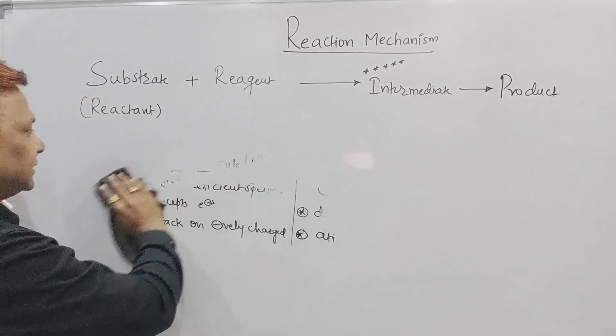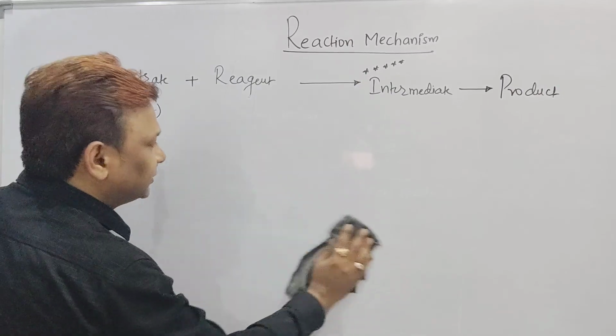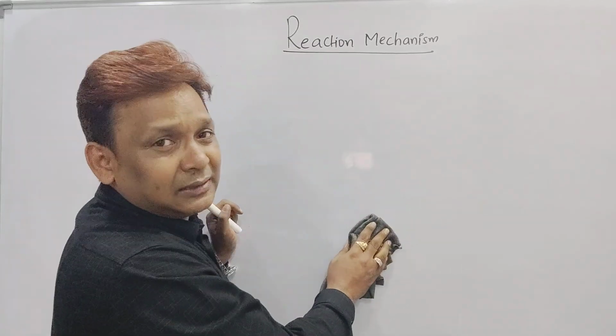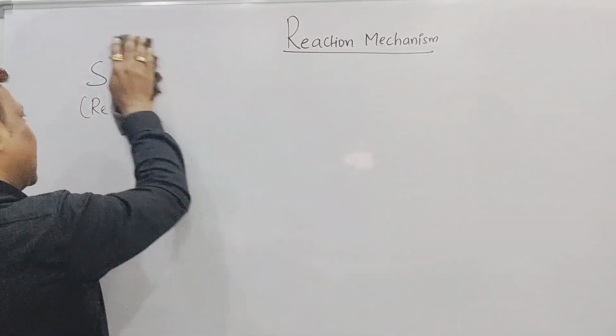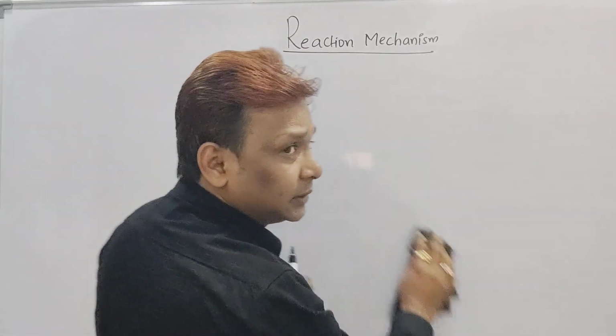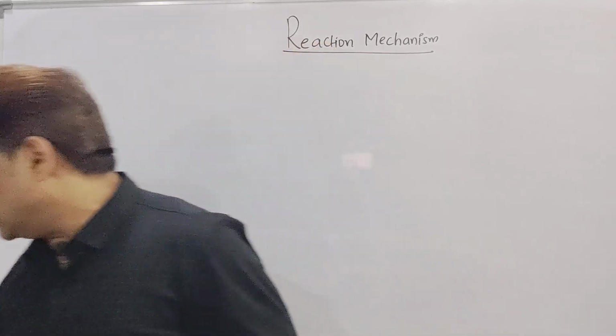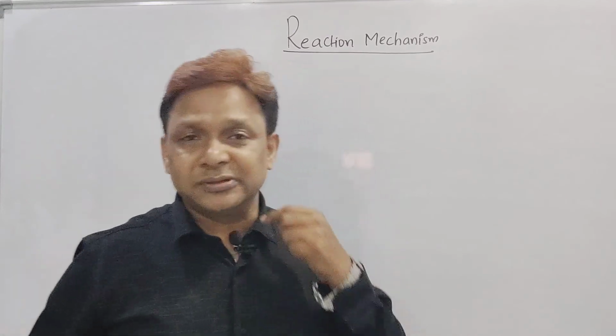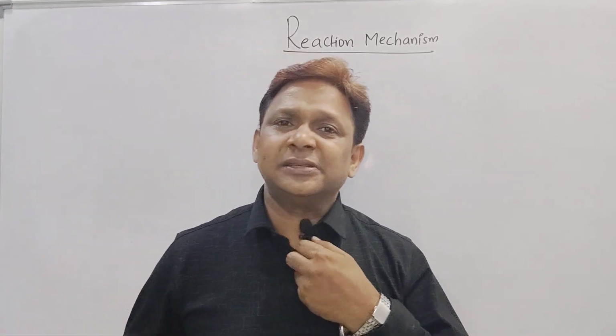This is just an introduction part I have discussed with you for reaction mechanism. One is a substrate, the other one is a reagent called an attacking reagent. Together they form the intermediate. Then it will be converted into the product. Then we have to see here, these attacking reagents will be of two types.